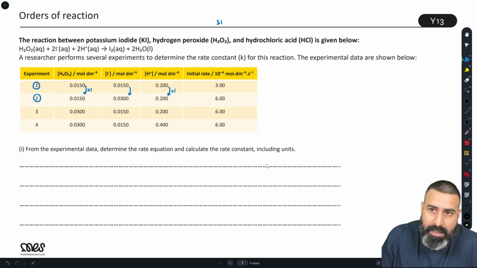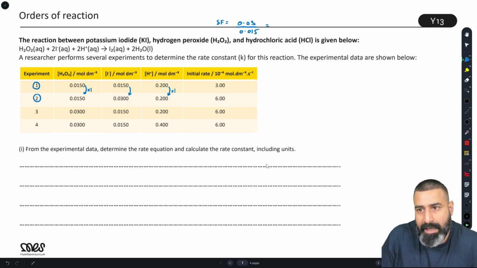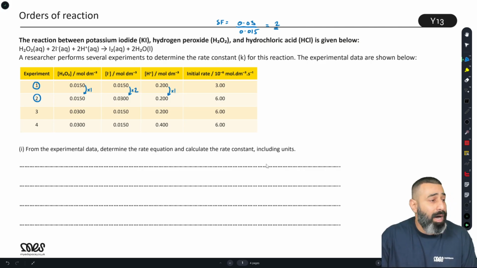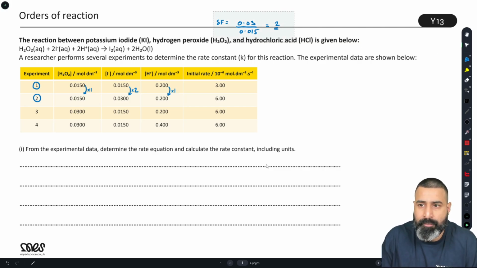To work out the scale factor, we can do 0.03 over 0.015, and that gives us a scale factor of 2. So we are doubling the I minus concentration, okay? Cool. So once we've done that, we now have to see how changing the I minus concentration affects the rate, if at all.